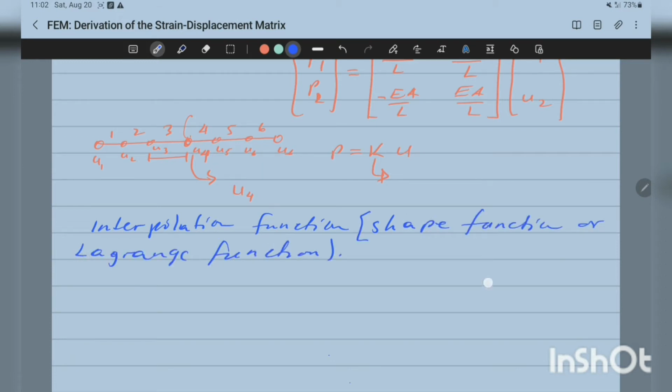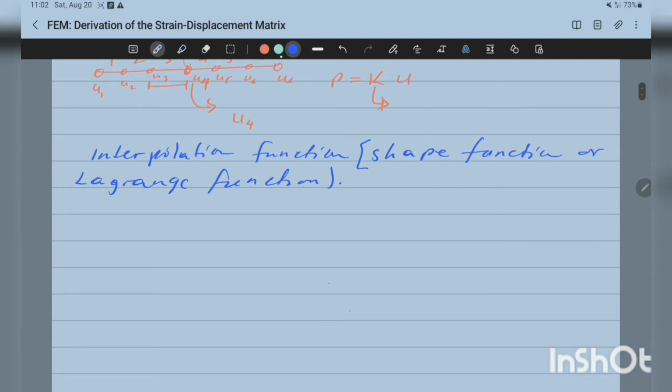This interpolation function works in a way that if we have the bar element with axial forces P1 and P2 at node 1 and node 2, the displacement varies linearly along the member.